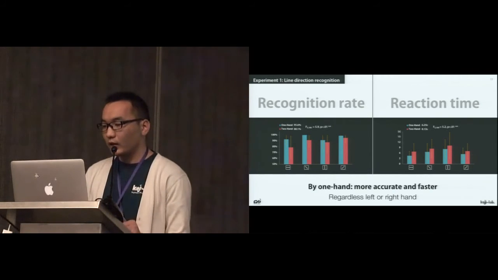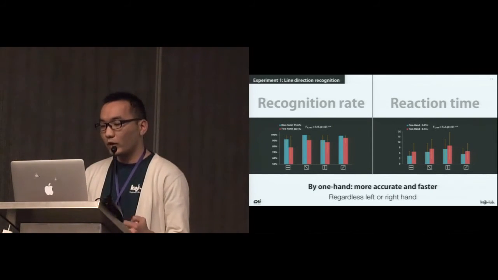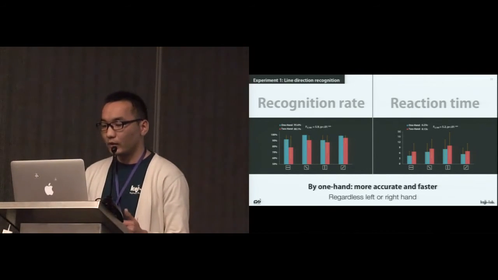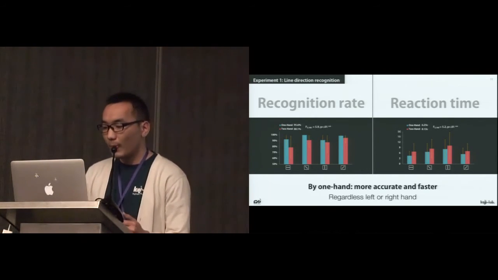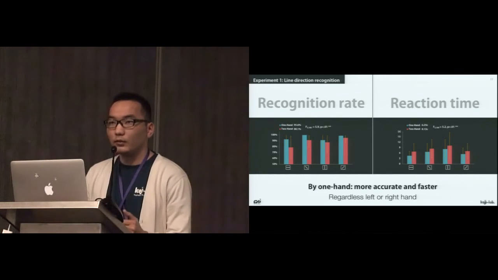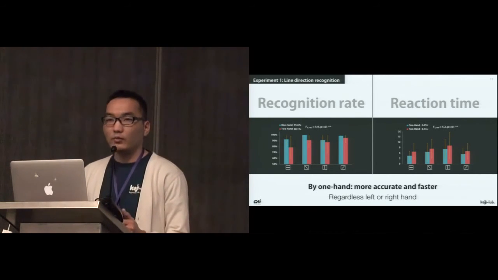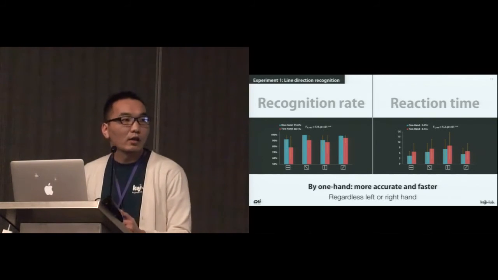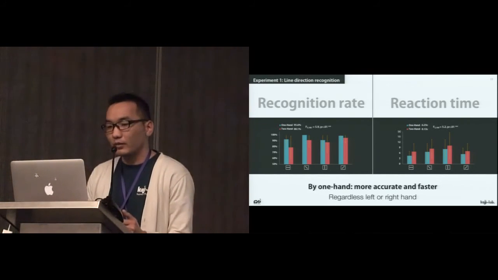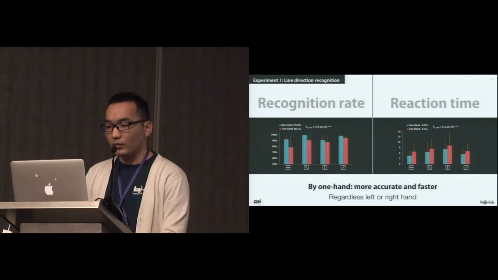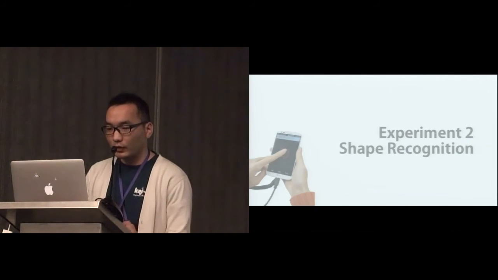And interestingly, we found that using one hand is more accurate and faster than using 2 hands when they use our device. We thought it is because the behavior of touching and feeling with one hand is more natural for people, maybe because of the orientation of the fingers. Although there was no difference found between the holding hands, left or right.